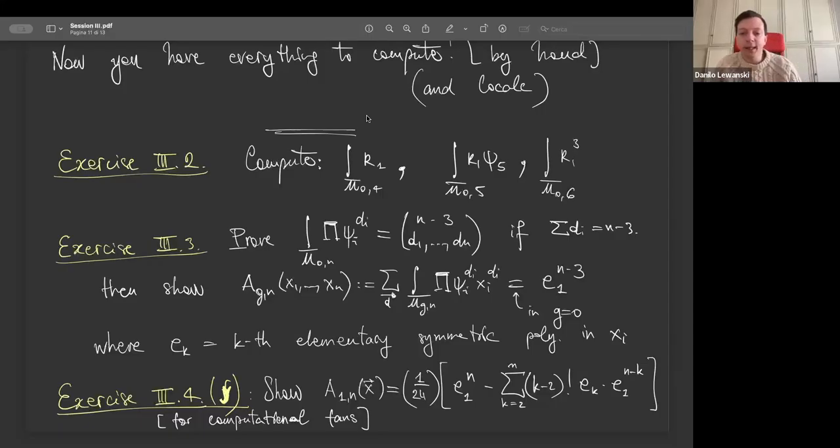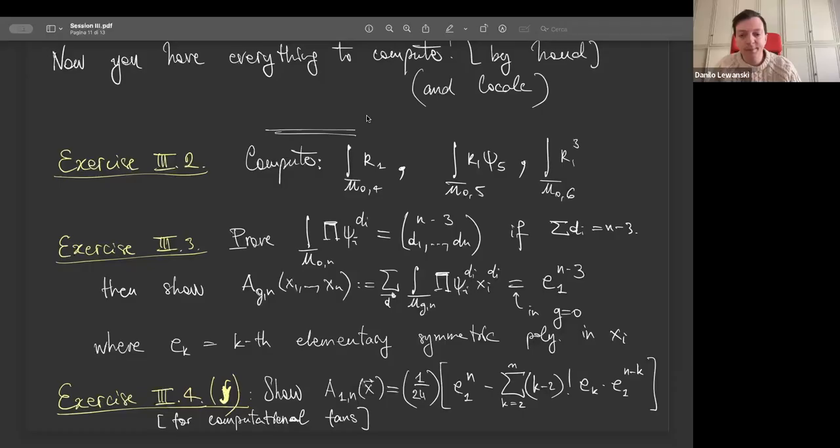We know very well that the answer is the multinomial where you have n minus 3 above and the di's below. Of course, the di's sum up to n minus 3, because the sum of the di's should equal the dimension of the space. The dimension of the space is 3g minus 3 plus n, but in this case, it's just n minus 3.